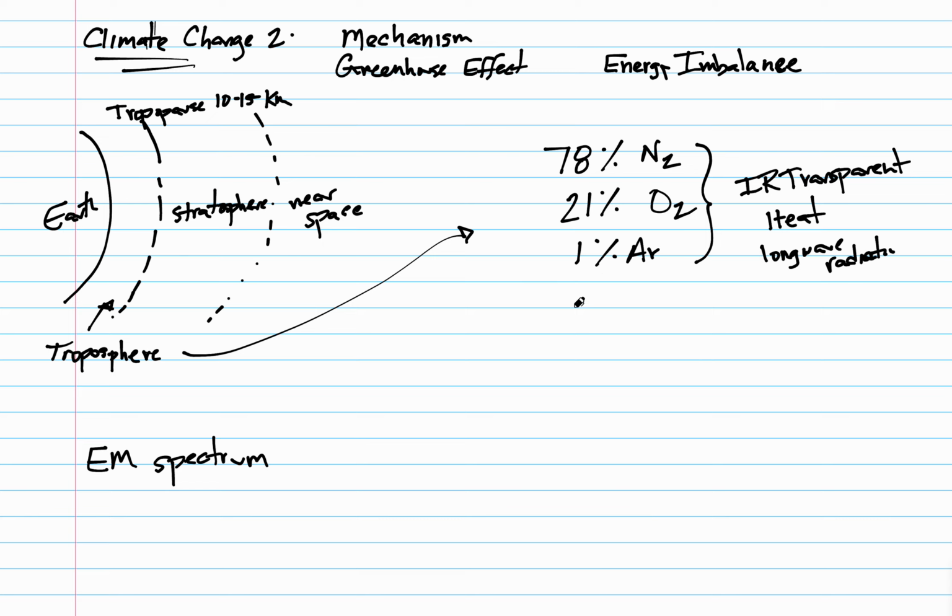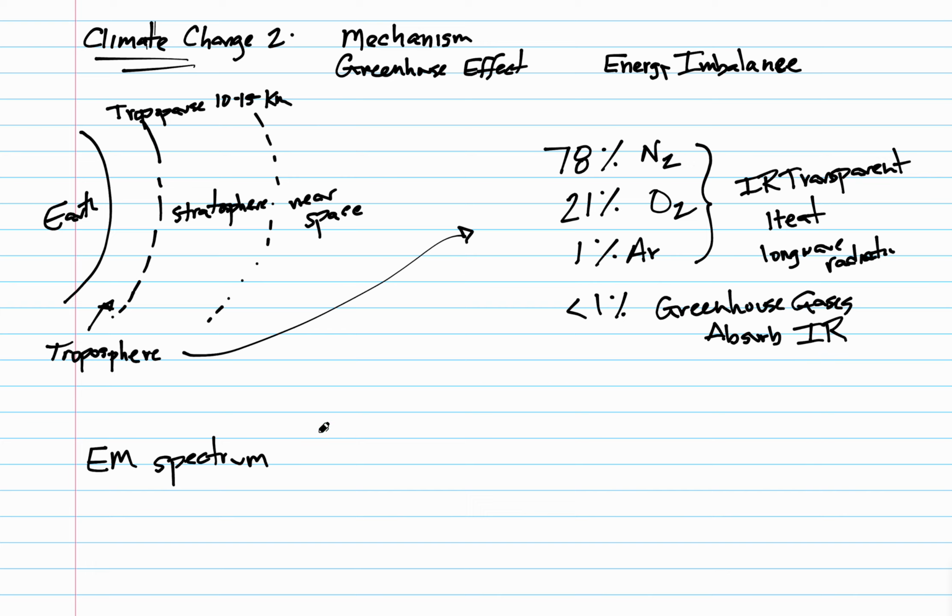The remaining less than 1% of our atmosphere is greenhouse gases and some other things. Greenhouse gases like H2O, CO2, and methane, CH4, actually do absorb IR and produce the effect that we're talking about today, impacting the energy balance.